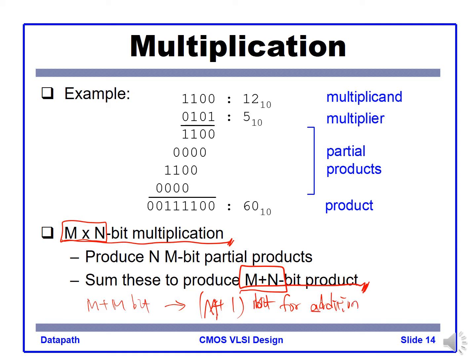If you want to avoid the overflow condition, you have to prepare m plus 1 bits for addition, right? Because the sum of the 2 maximum numbers will be bigger than the input bit width allows, right? So this is similar for addition and also multiplication. Multiplication requires more bits at the output.